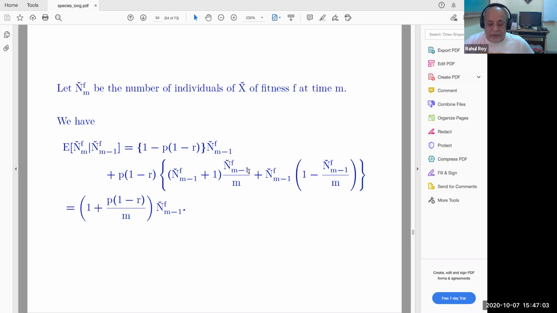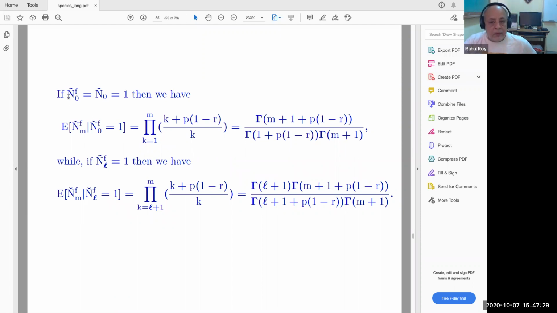The size of the population at F is n hat n check Fm minus 1, divided by m, because at time m minus 1 there were exactly m individuals, and this is the remaining probability. And if you sum this up, then it just becomes 1 plus p 1 minus r over m times this quantity. Okay.